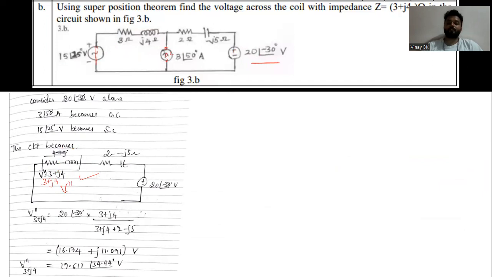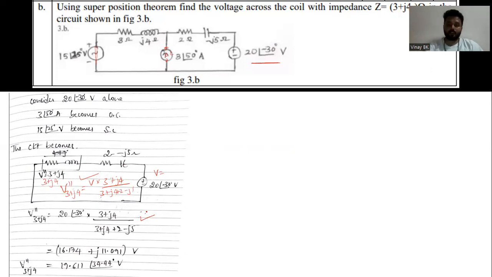Again, you are applying the voltage divider rule. V double dash of 3 plus J4 is nothing but the total voltage V, which is 20 at an angle of minus 30 degree, into the same impedance, that is 3 plus J4, divided by the sum of impedances, that is 3 plus J4 plus 2 minus J5. Keep your calculator in complex mode again.